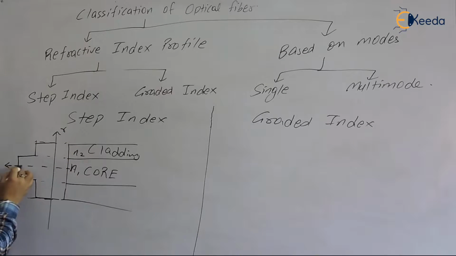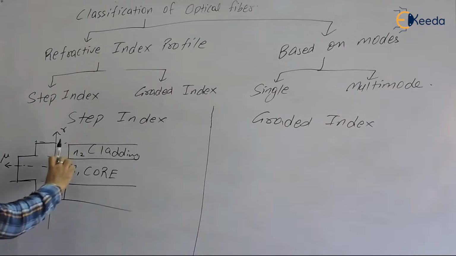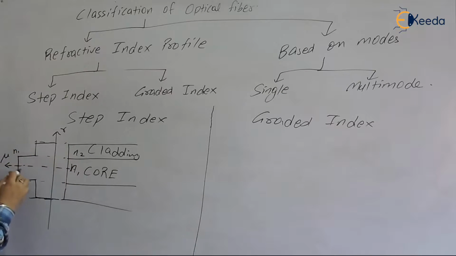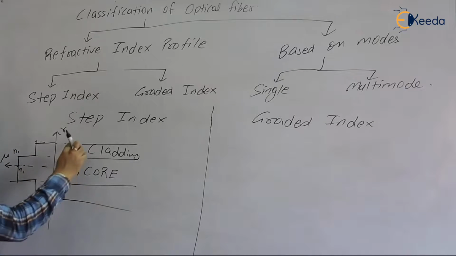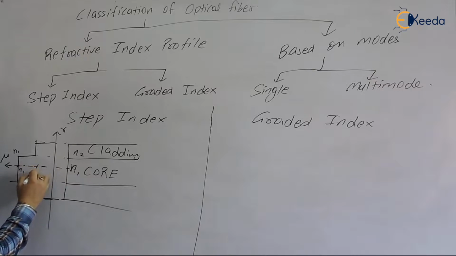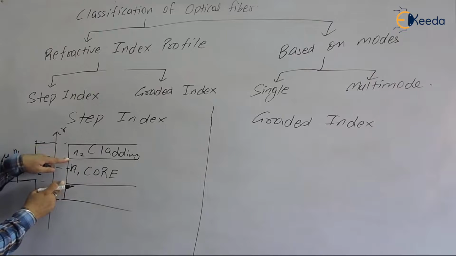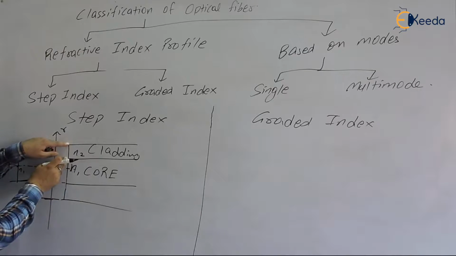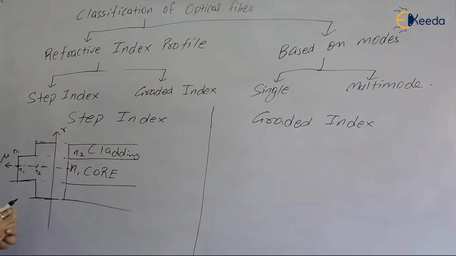Refractive index of core is n1, refractive index of cladding is n2. From this point to this point, refractive index is constant, and from this point to this point it is constant, equal to n2. So the refractive index profile takes a step change at the core cladding interface.